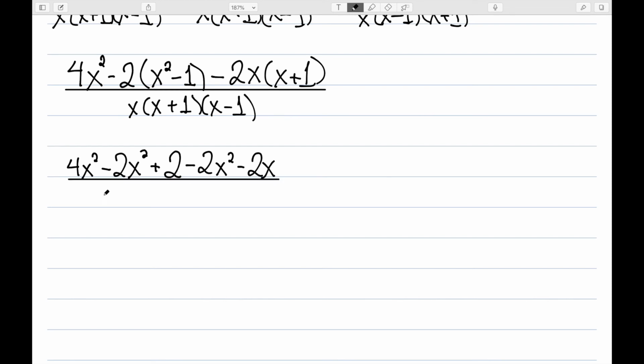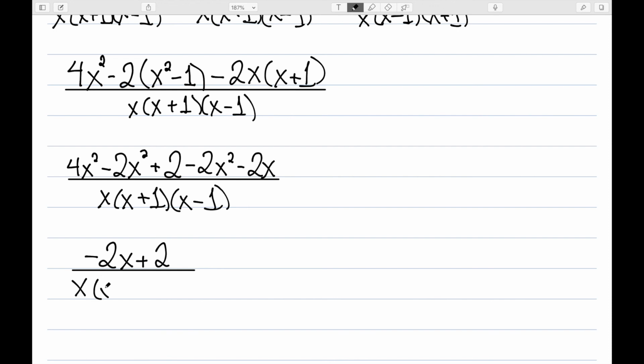All over my common denominator, x times x plus 1, x minus 1. My x squared terms cancel, and I end up with a minus 2x plus 2 over x times x plus 1, x minus 1.